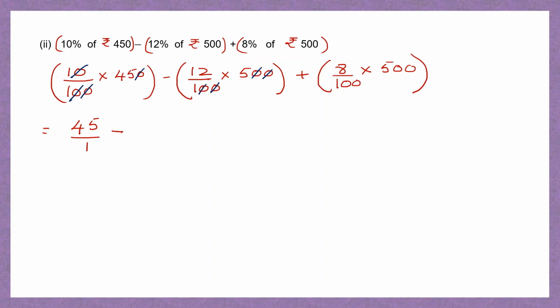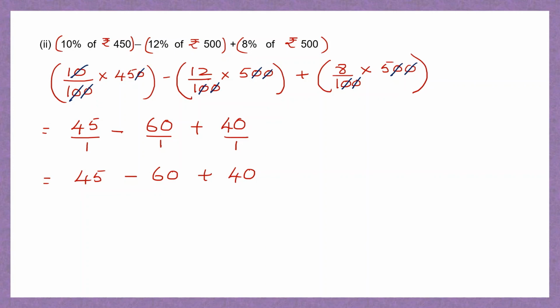So we can just cancel that and now multiply. 12 fives are 60. 60 by 1 plus, let's go to the last one. 500 has 2 zeros, 100 has 2 zeros. We can cancel. Now 8 fives are 40. So that will be 40 by 1. Now 45 by 1 is 45 minus 60 plus 40.